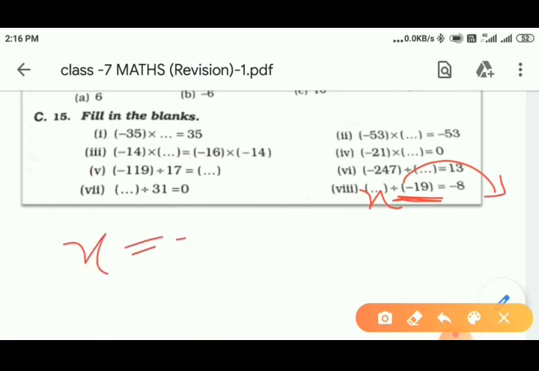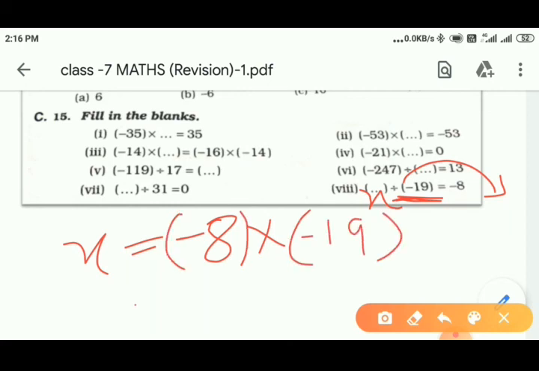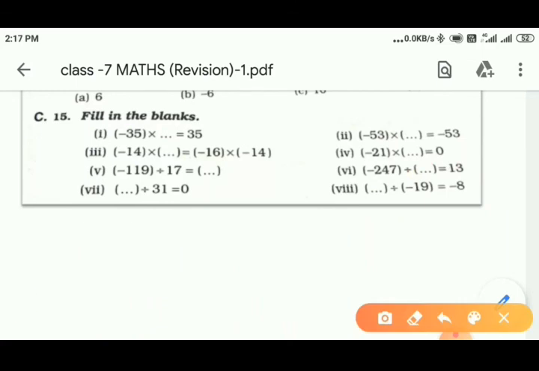So x equals to minus 8 multiply with minus 19. Am I correct? So when we change the position, divide minus 19 will become multiply minus 19. So 19 is the 152, and minus minus become plus. So the answer is positive 152. So when you divide positive 152 by minus 19, you will get minus 8.